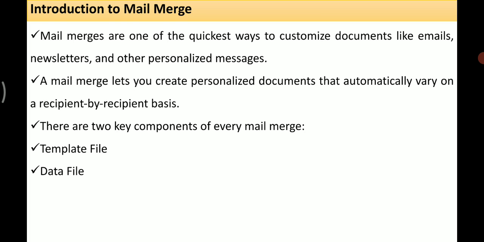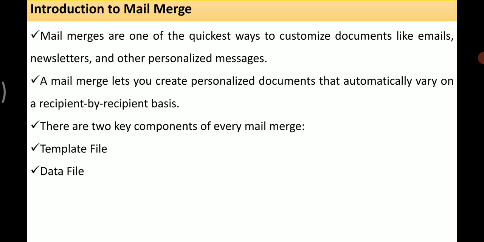It contains placeholders for personalization data. For example, if you want to specify the name of a person in a particular letter or email, and the address of a person, it contains special placeholders for these kinds of personalization data, which we can fetch from a data file.